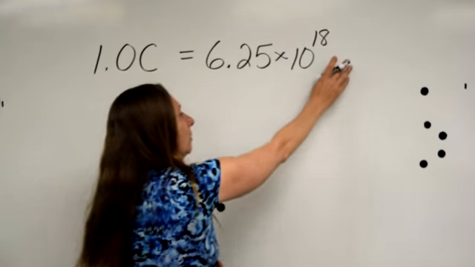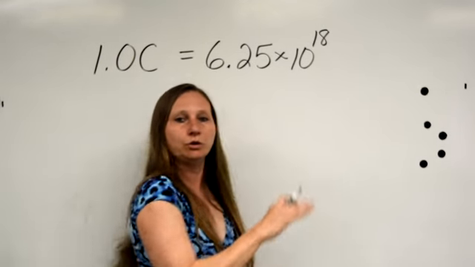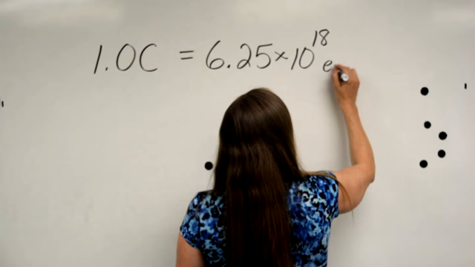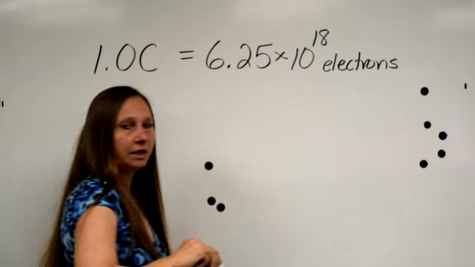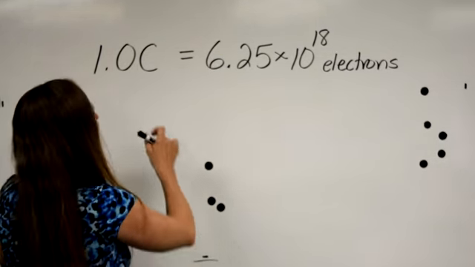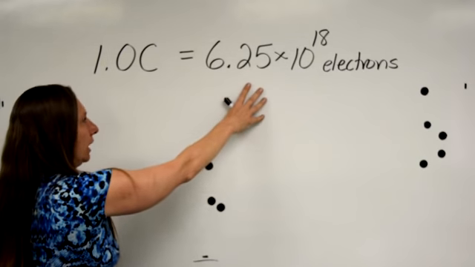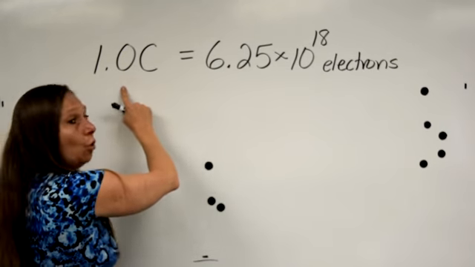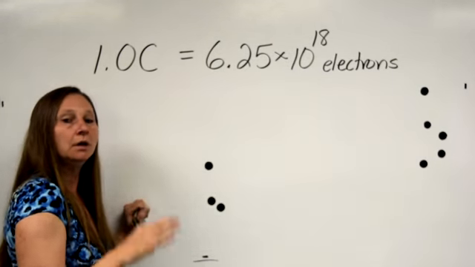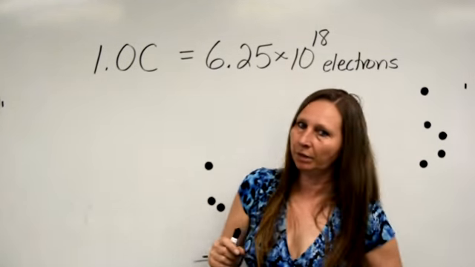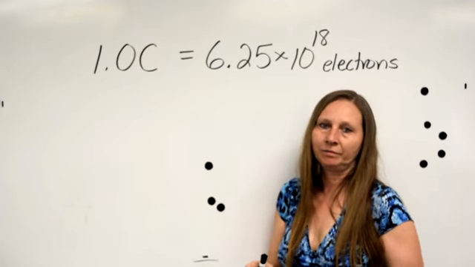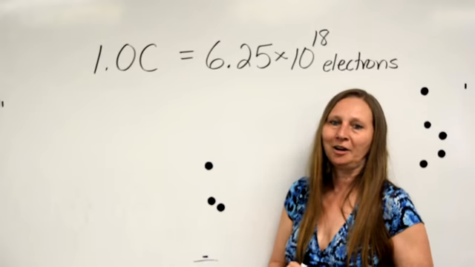I think it says elementary charges, so that could be electrons or protons, but let's just say electrons. You don't have to calculate that number. You know that that is the number of electrons in 1 Coulomb of electrons. So that's our second little concept in this section. Moving on.